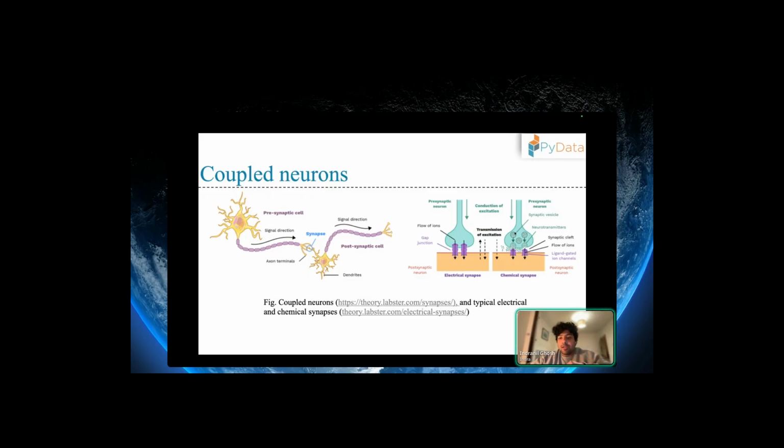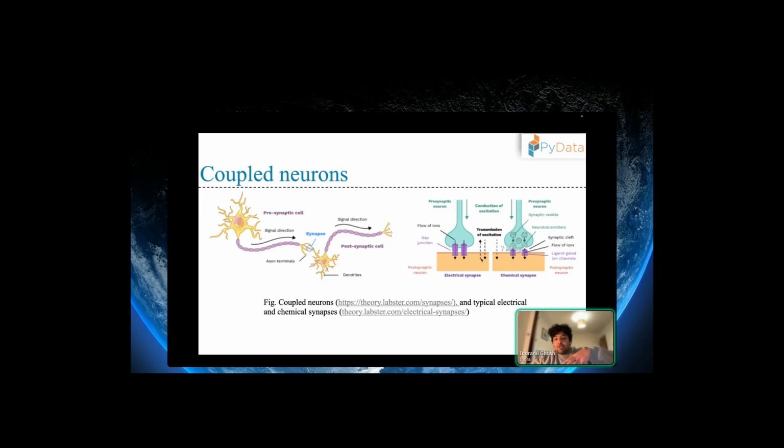At the end there are pockets or packets of neurotransmitters that get propagated to the end, and then they burst there, and the neurotransmitters get released, which are then picked up by the tip of the next cell, the postsynaptic cell.